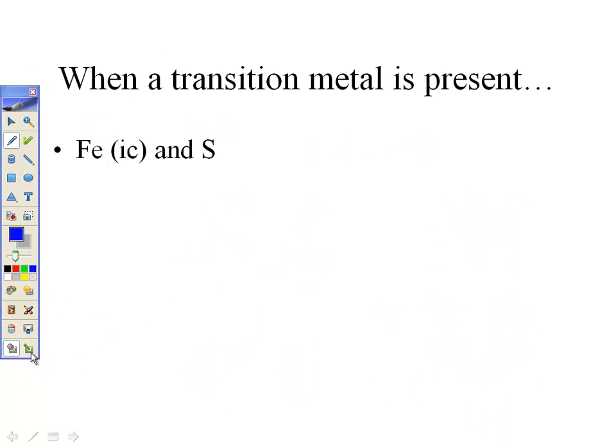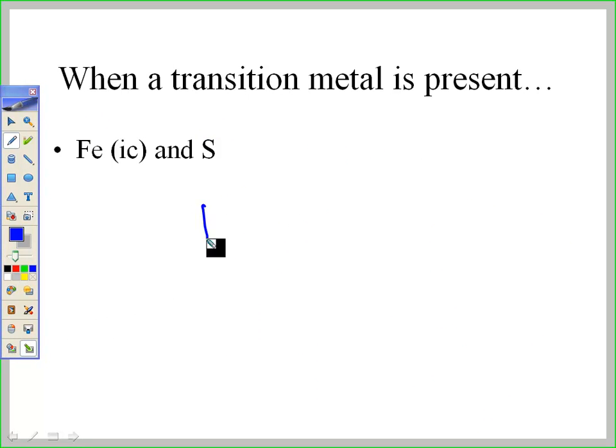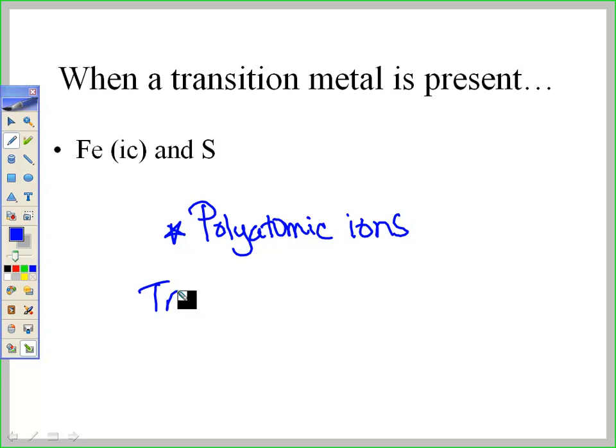I would like for you now to go on to the back of your periodic table where you have your polyatomic ions. Just do this on a piece of scrap paper or in your notes or whatever you want to do. I want you to try to write the formulas for these two, and you're going to pause it and try it.